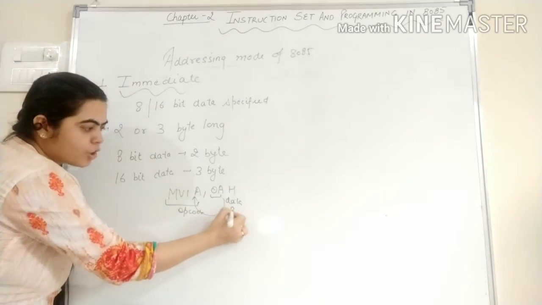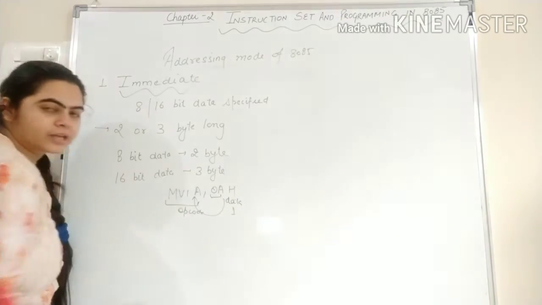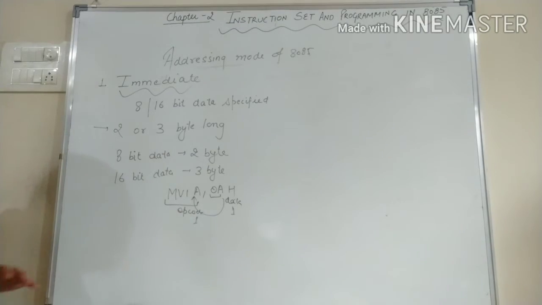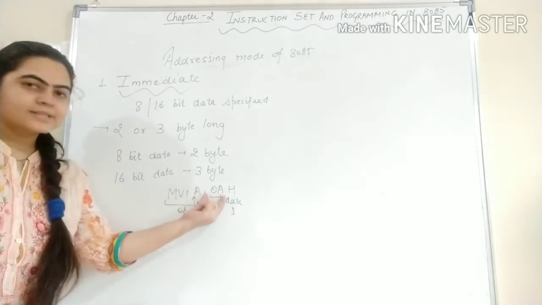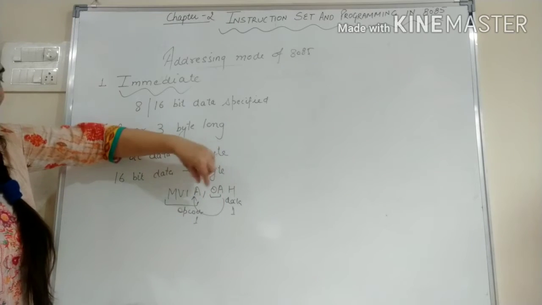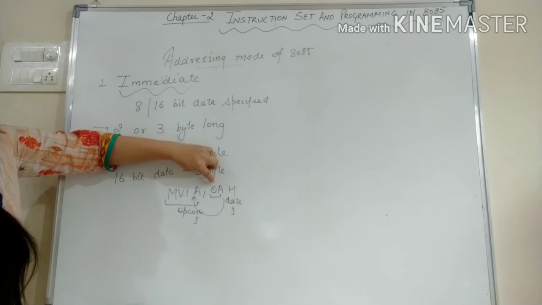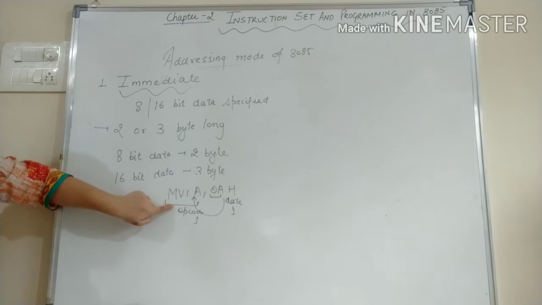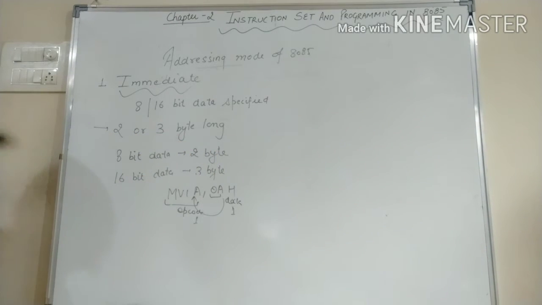The data occupies 1 byte of memory, or 8 bit data, and the opcode also occupies 1 byte of memory. So the data is immediately moved into the accumulator, and this comes under the category of immediate addressing mode.